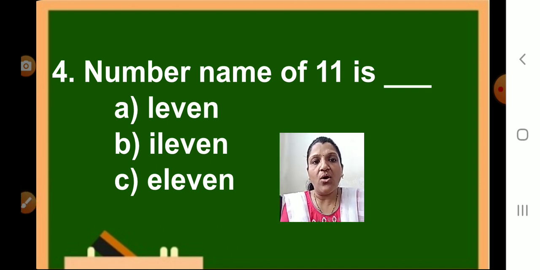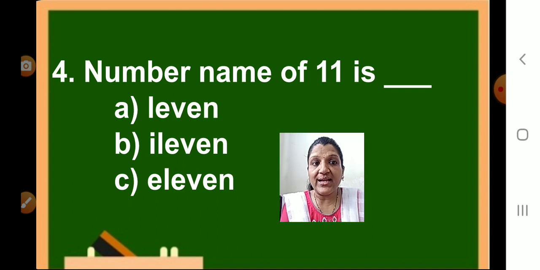Question number 4. Number name of 11 is dash. And the options are A. Leven, B. Ileven, and C. Eleven. Now you tell me, children. We have learned the number names.